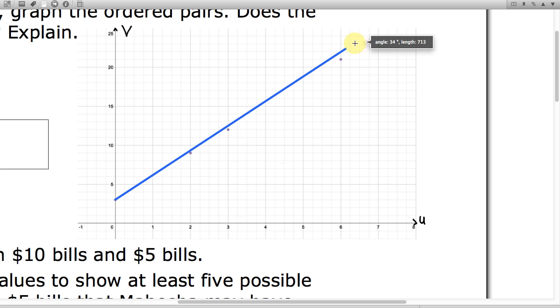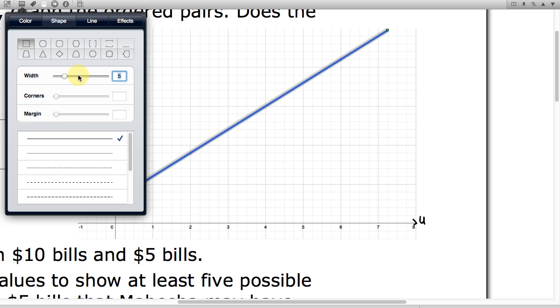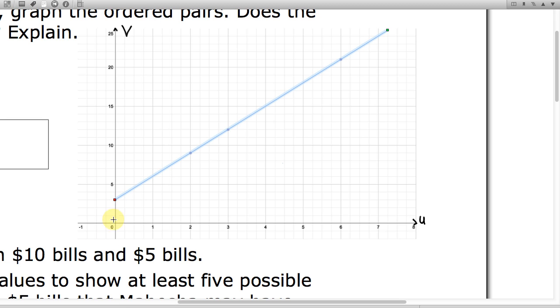So is this a linear relationship? Well, let's take a look. If we connect all of these points together, we'll go in this nice straight line here. And again, if we just make that a little bit thinner, it'll be a little bit easier to tell if we're really going through all those points. And yeah, it seems to go perfectly through the middle of all those points.